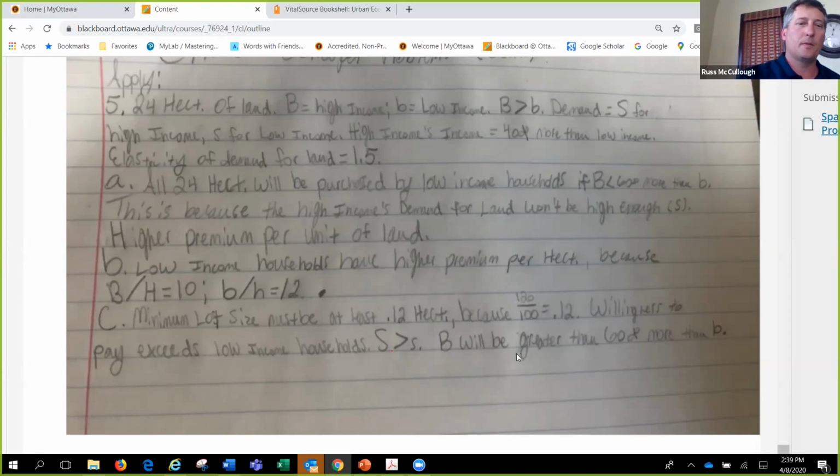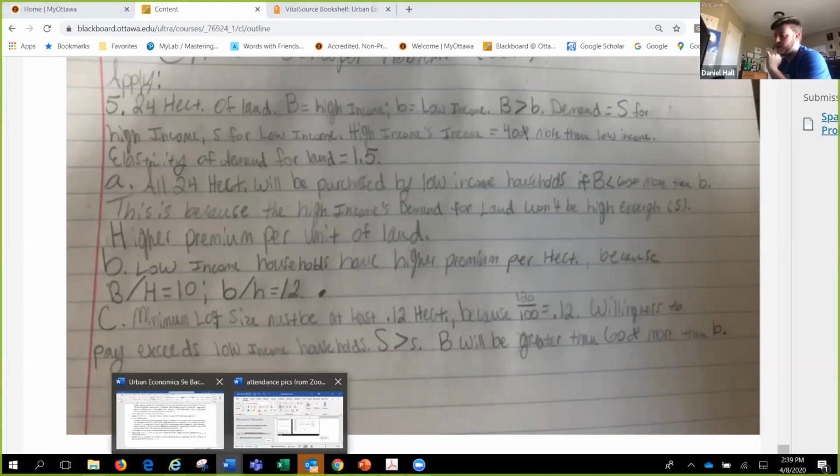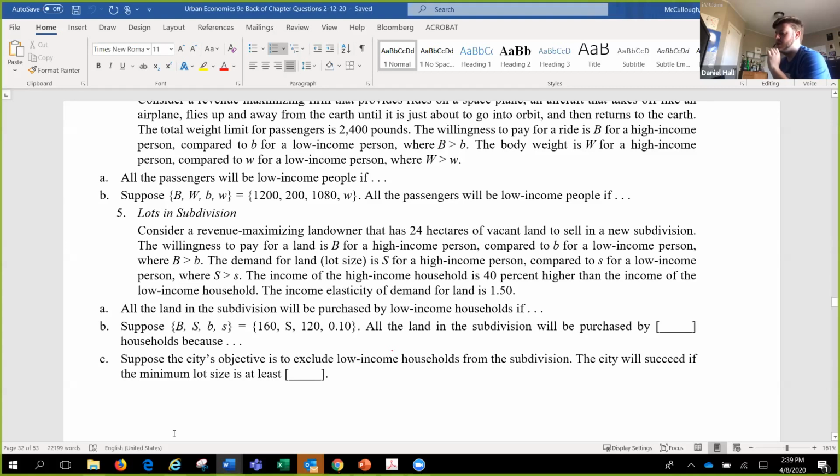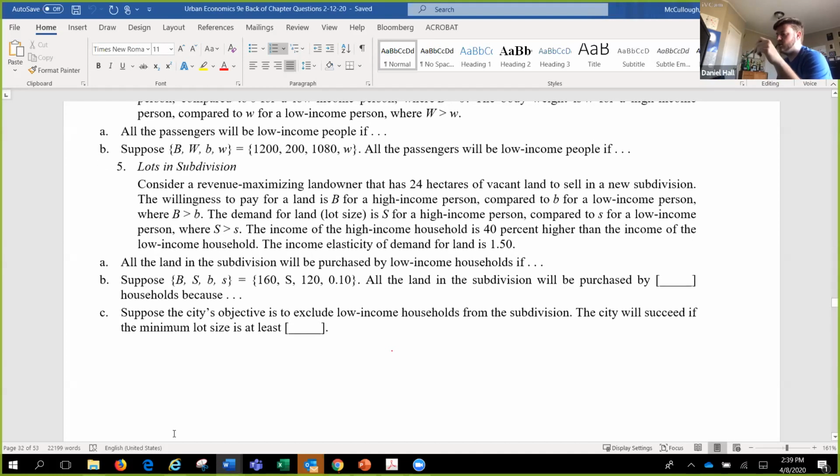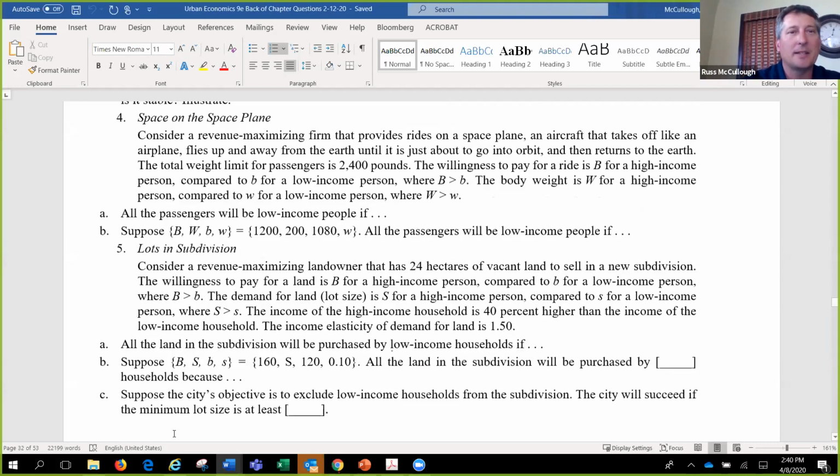And the minimum lot size, based on part B, has to be at least 0.12 because the low income wants it to be 0.10. And if it is, then they'll always outbid. But if it's greater than that, then the high income is going to outbid the low income. As long as we can keep that lot size big enough that the high income people will still be buying it, then we will effectively keep the low income people out, which, by the way, goes on in the real world. So that is a possibility.